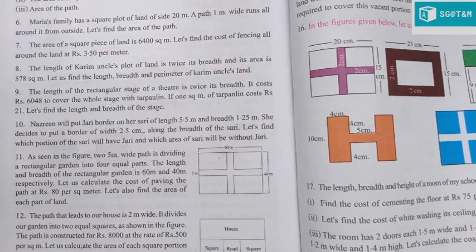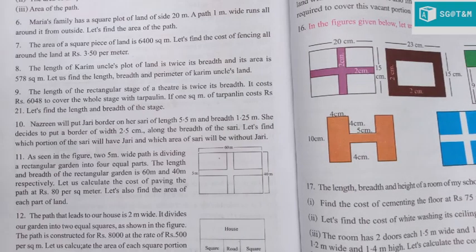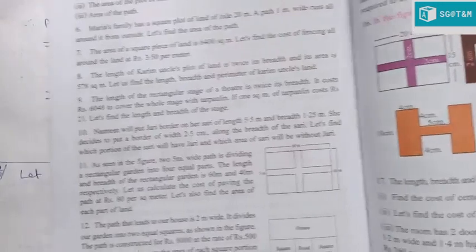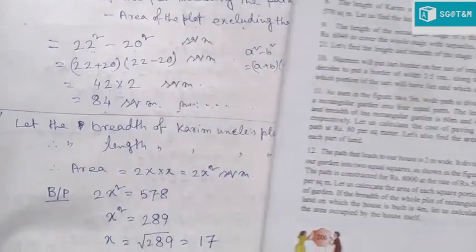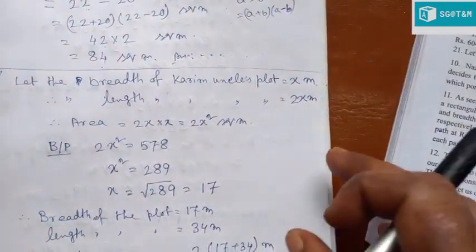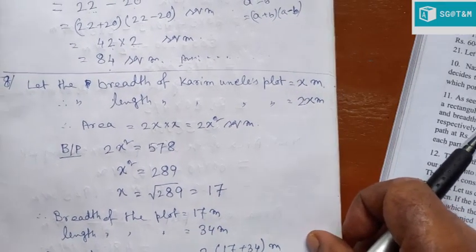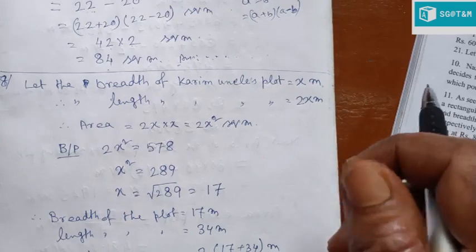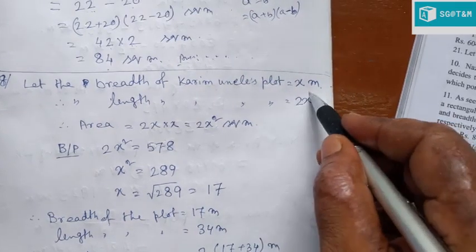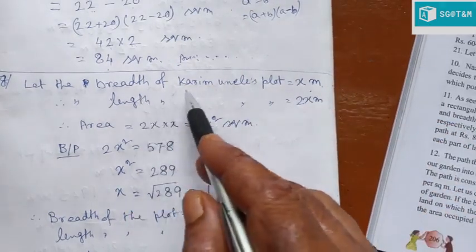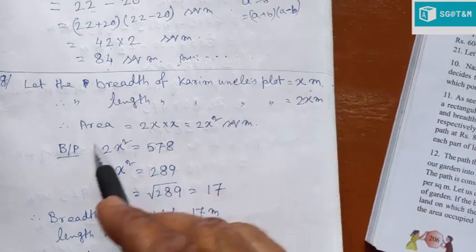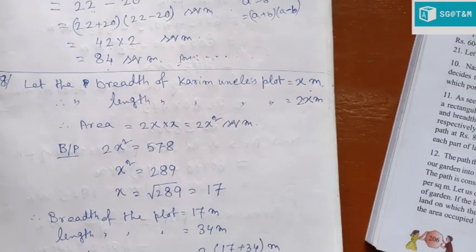The length of the plot is twice its breadth. First you use algebra, obviously algebra is in your syllabus, no problem at all in class 7. So first we let the breadth of Karim uncle's plot be x meter. It is given that the length is twice its breadth.